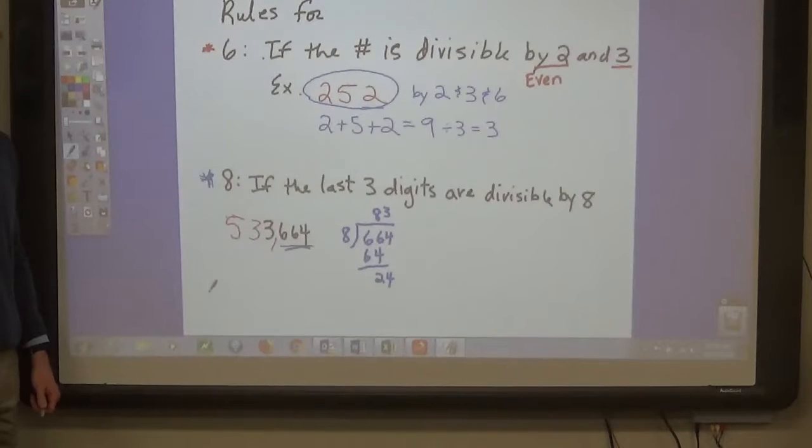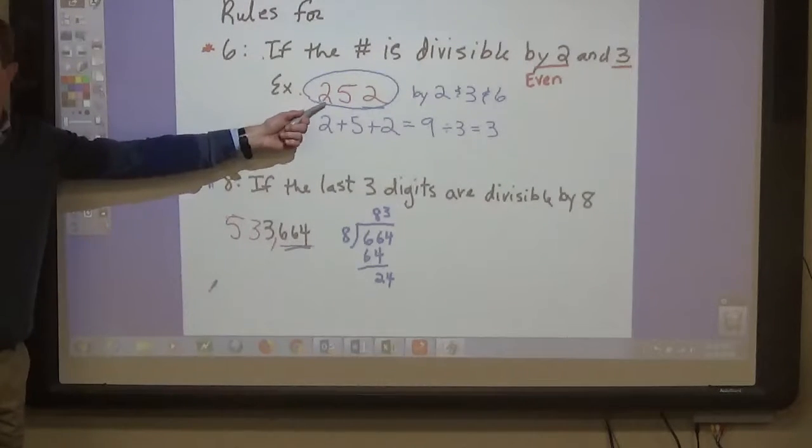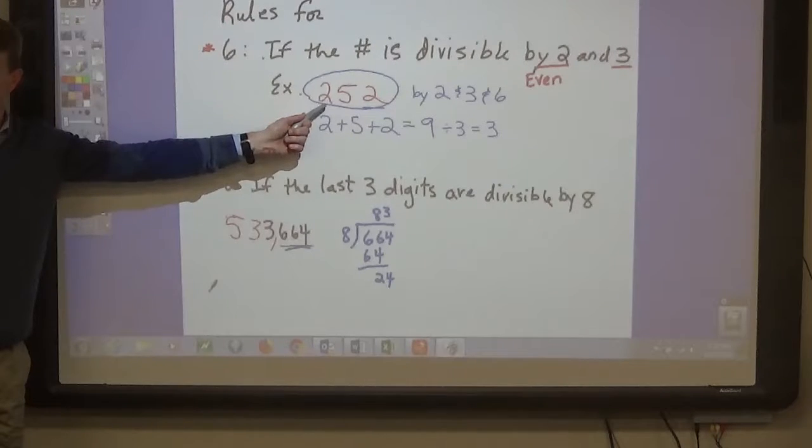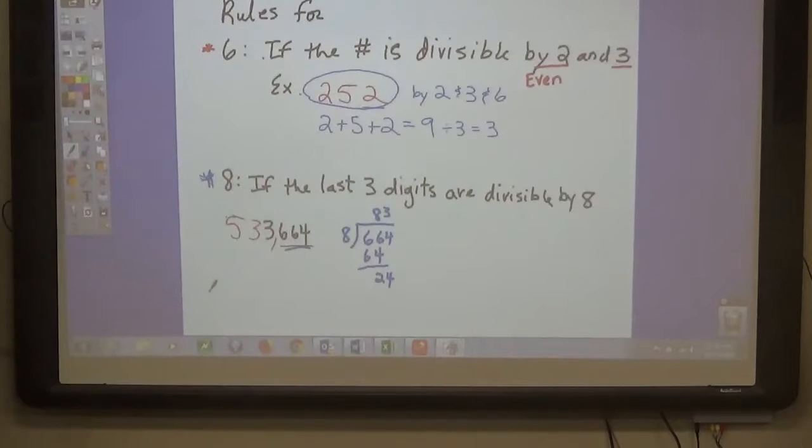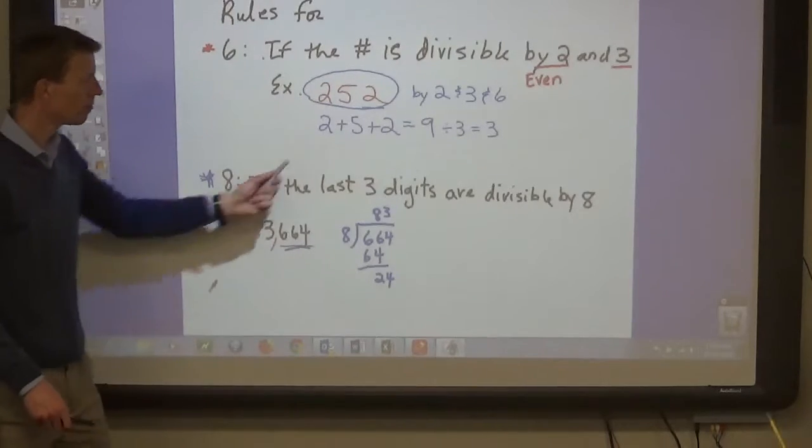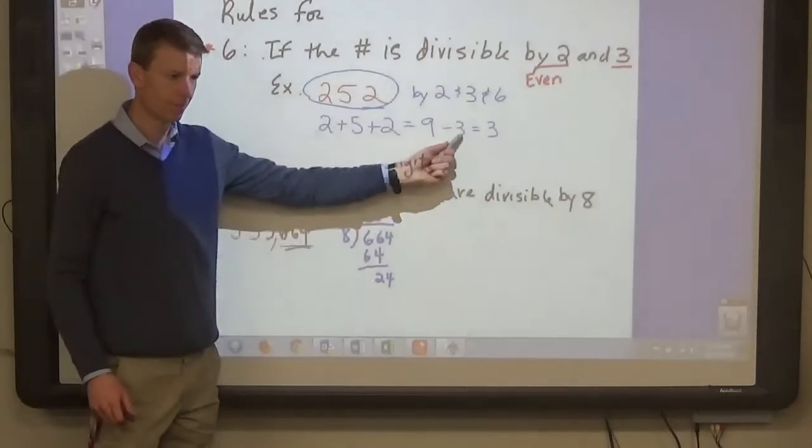Okay? Is it divisible by 9? Is this number divisible by 9? Yeah. How do you know? What's the reason, Sam? Just because 2 plus 5 plus 2 equals 9, then 9 divided by 9 is just.